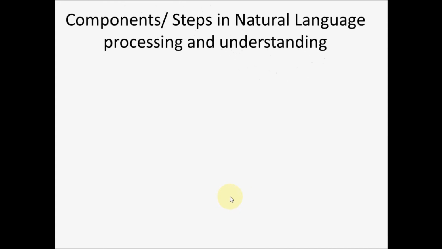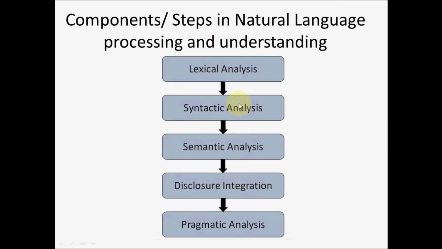Now, the last thing that we are going to see in this particular tutorial is the components or steps in natural language processing and understanding. What are the different steps or components in natural language processing or understanding? Now, the very first process is called lexical analysis, which is also called morphological analysis.